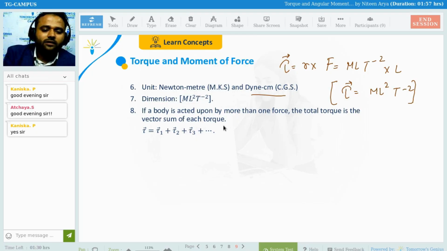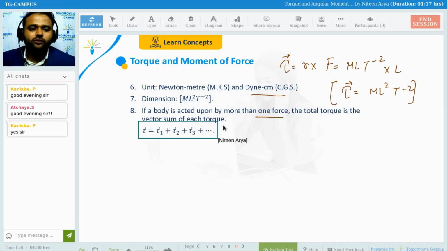Clear? Okay. If a body is acted upon by more than one force, the total torque is the vector sum of each torque. That is very easy. Like in the first class, where we did the moment of inertia, M1R1, M2R2, and velocity of center of mass M1V1, M2V2, M3V3, the total external force on any rigid body is F1 plus F2 plus F3 plus F4, and so on.